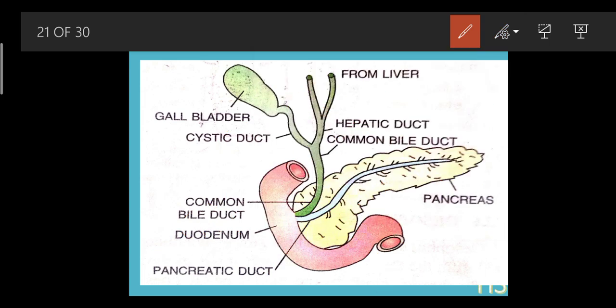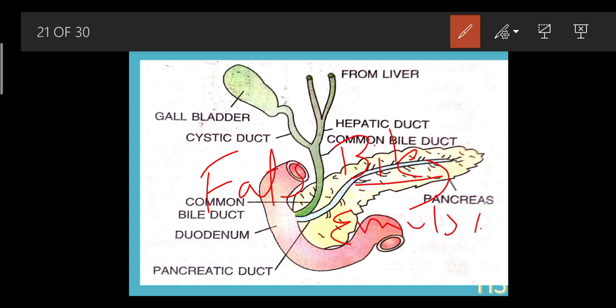And the second one is the fats. See, fats are one of the substances which are not easily digestible. So what happens with this fat? The fats present in our body, with the help of this bile, get converted into emulsified fat. What do you mean by emulsified?